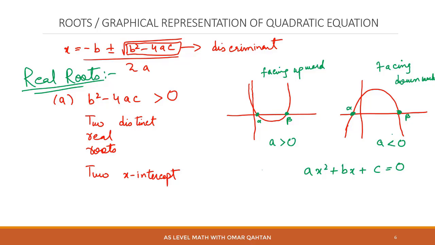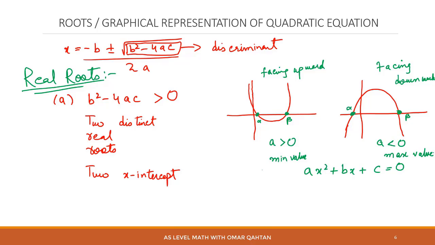And if the value of a is less than 0, like minus 1, minus 2, minus 3 or so on, it doesn't matter, then this graph will be facing downward, and definitely it's a sad face. The graph facing upward will give you a minimum value, and the graph facing downward will definitely give you a maximum value.